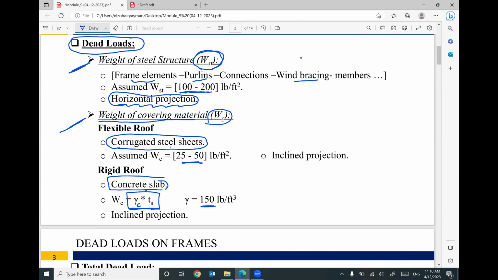I will assume this value, for example, W steel equals 150 pounds per square feet, and I will assume I have corrugated sheet. I will assume W covering equals 30 pounds per square feet. Does that make sense?